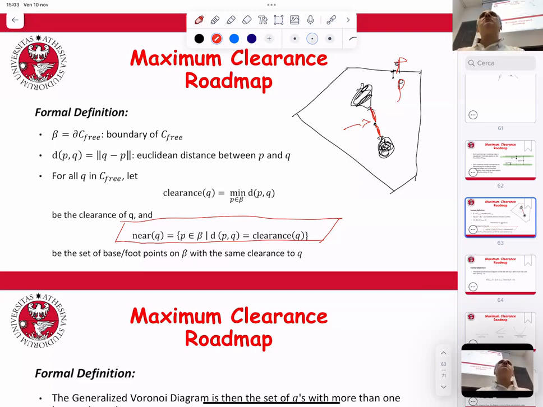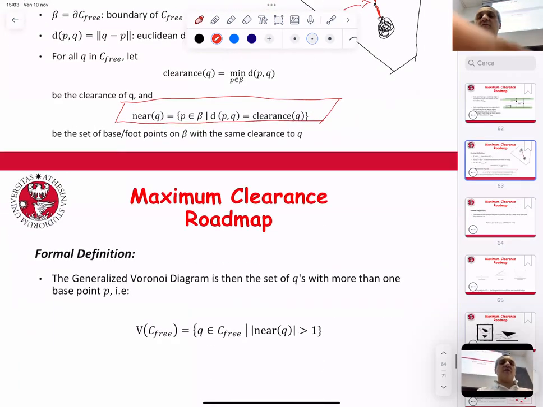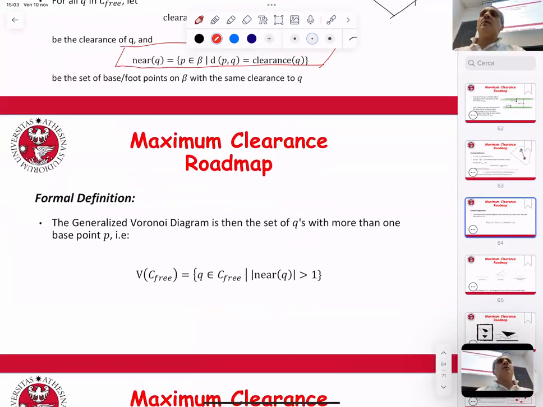And now, if you introduce this definition, then you can give an exact definition of what a generalized Voronoi diagram is.